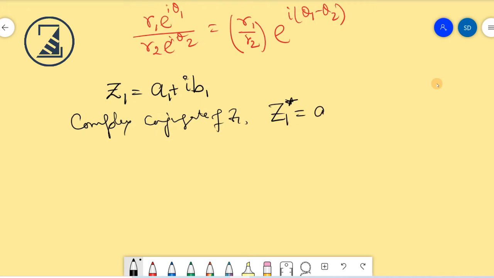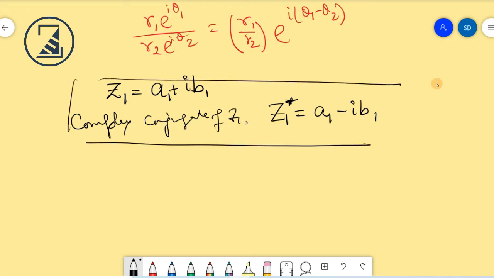This is nothing but a1 minus ib1. So what we do is we flip the sign of the imaginary part. Okay, so this is complex conjugation, and Z1 is the complex number and Z1 star is the complex conjugate of Z1.